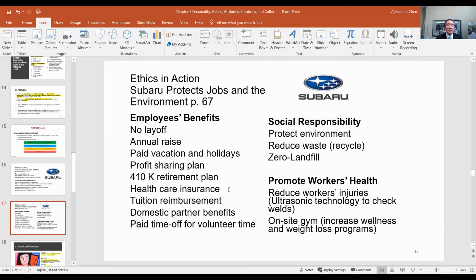They give raises, 401k plans, health care, tuition reimbursement, and domestic partner benefits. Does anyone know what a domestic partner is?